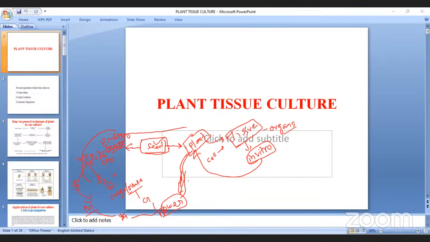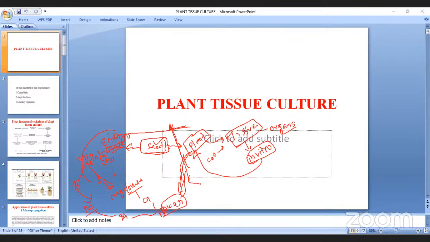But with tissue culture we get plants in a short period, and within that short period we get a number of plants. Due to this, we should adopt the tissue culture technique. In tissue culture, we create all the optimum temperatures and natural weather in vitro. What are the requirements for plant growth in general?